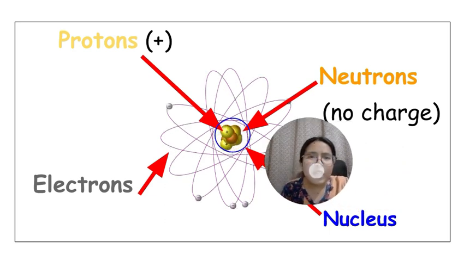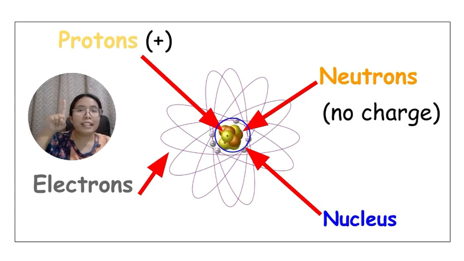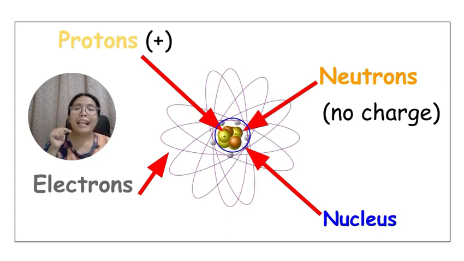At yung makulit at magulo naman sa gilid na paikot-ikot, at kung titingnan nyo, meron naman po yung negative sign, we have the electrons. Okay? Protons, positive. Neutrons, no charge. Electrons, negative charge.